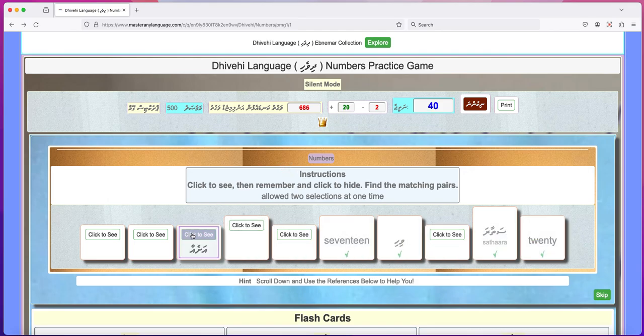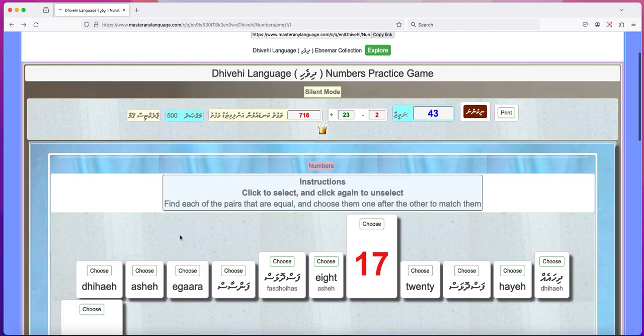And then you have 10. 10 is Dhivehi, right? Ashe would be 8. So that's not. Oh, this must be Ashe. Yep. And Sadha, 14.